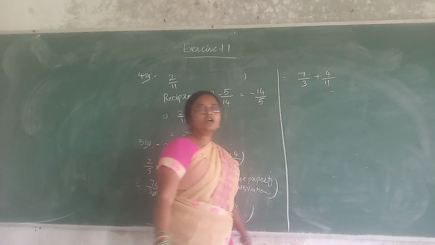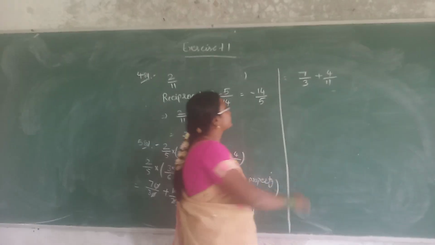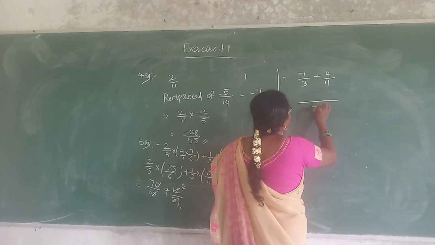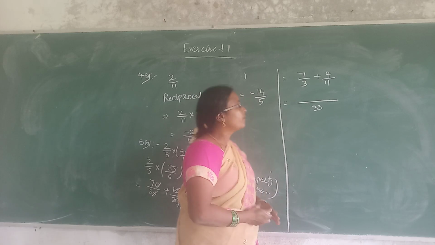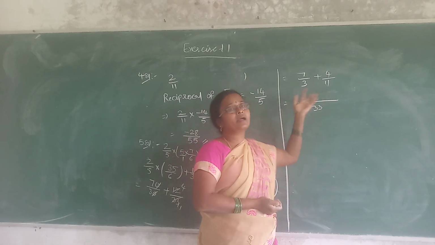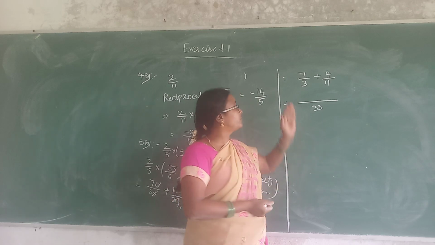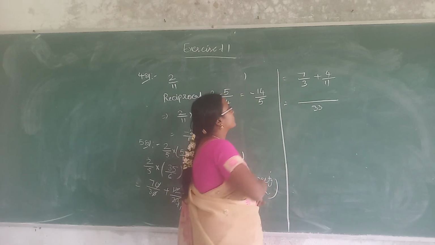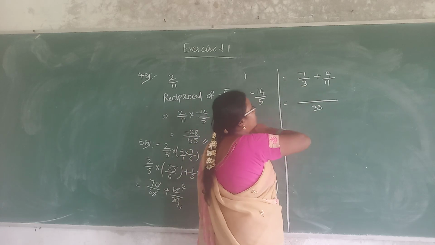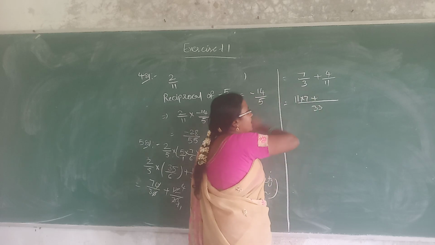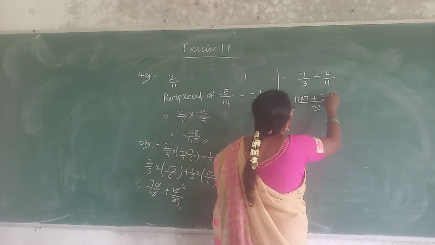Now we have to go for the LCM addition. So here the LCM becomes 33. Why does it become 33? Because 3 and 11 are co-primes to each other, they do not have common factors. So 3 goes 11 times for 33. 11 into 7 plus 11 goes 3 times, 3 into 4.